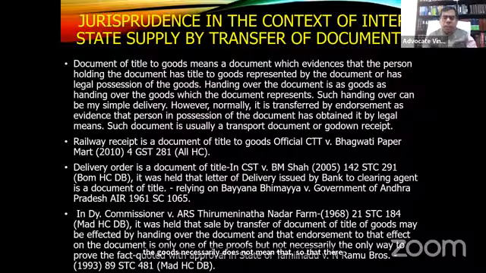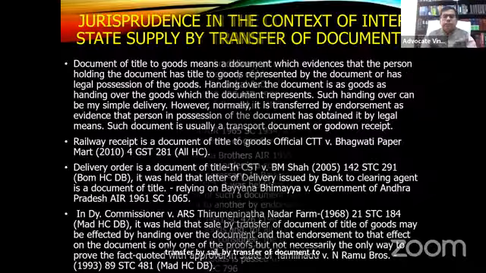It may not be possible for the buyer to endorse such a document. It is enough if he gives an instruction that, okay, you hand over the goods to such a person along with, suppose, say, lorry receipt or whatever documents are there. It will be considered that it is a sale by transfer of document of title to the goods.